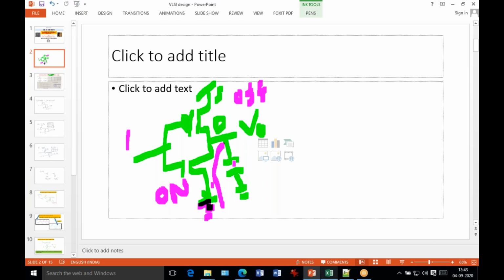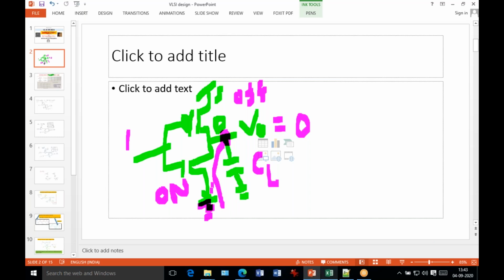After some time, when the load capacitor is fully discharged, this node voltage is 0, because the path is connected from ground.